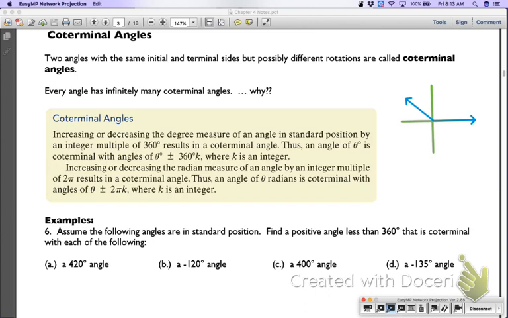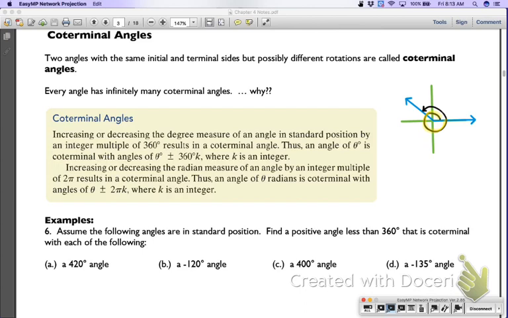But what really happens is that whenever we rotate everything around, we go a full rotation. So from here to here, or if I go to there, I went 360 degrees around, and then I still end at the same place.